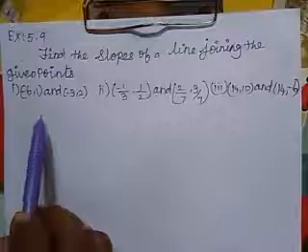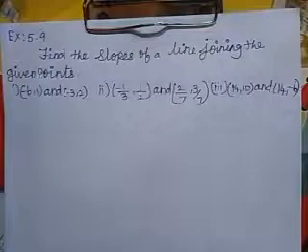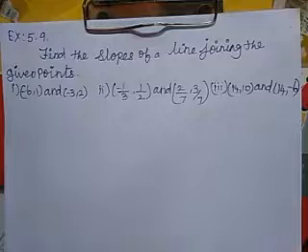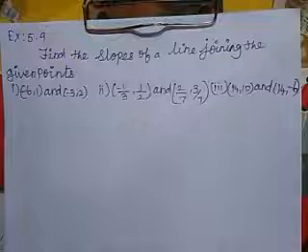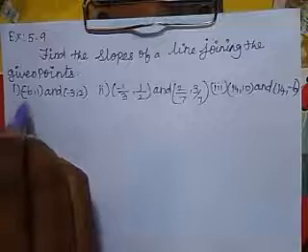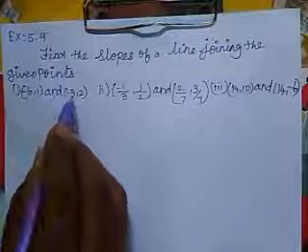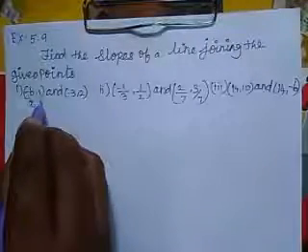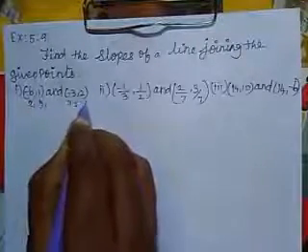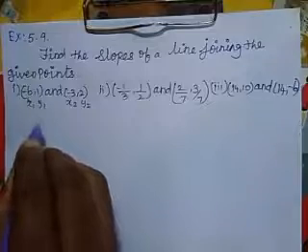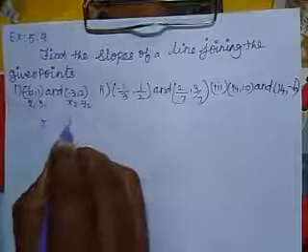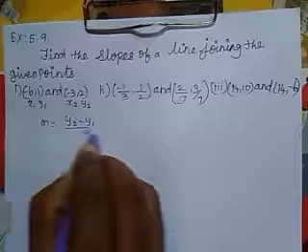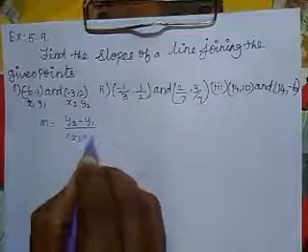The next is example 5.9. Find the slope of the line joining the given points. The first question is minus 6, 1 and minus 3, 2. Take the points as x1, y1, x2, y2. So the slope m is equal to y2 minus y1 by x2 minus x1.